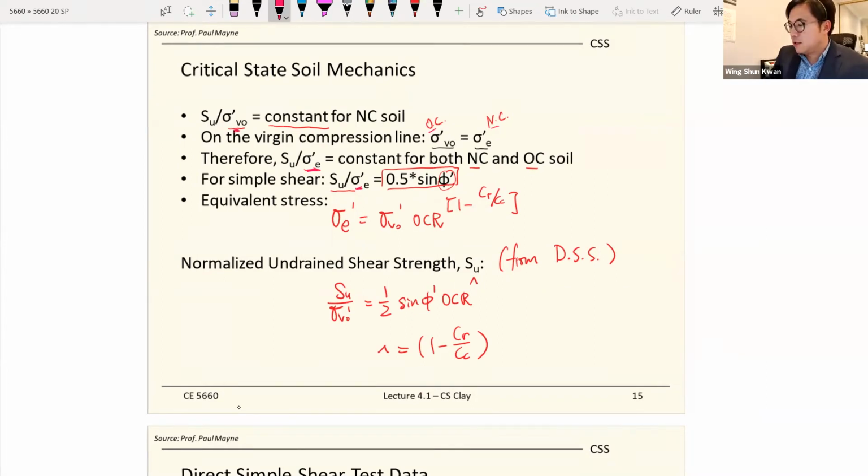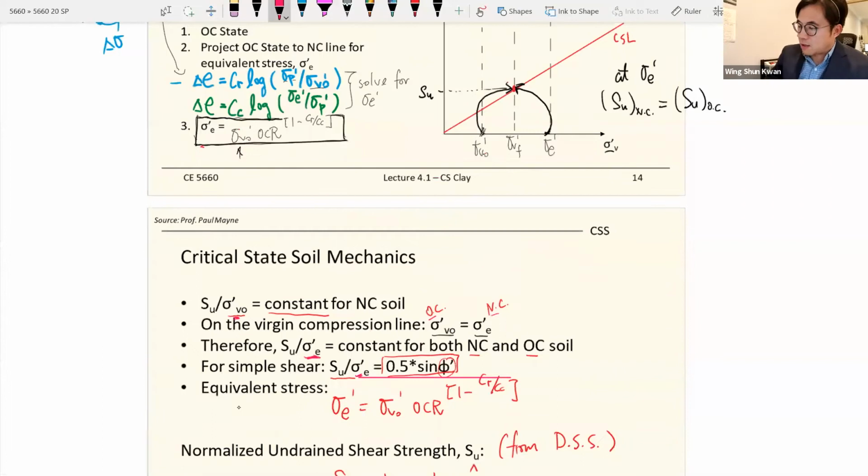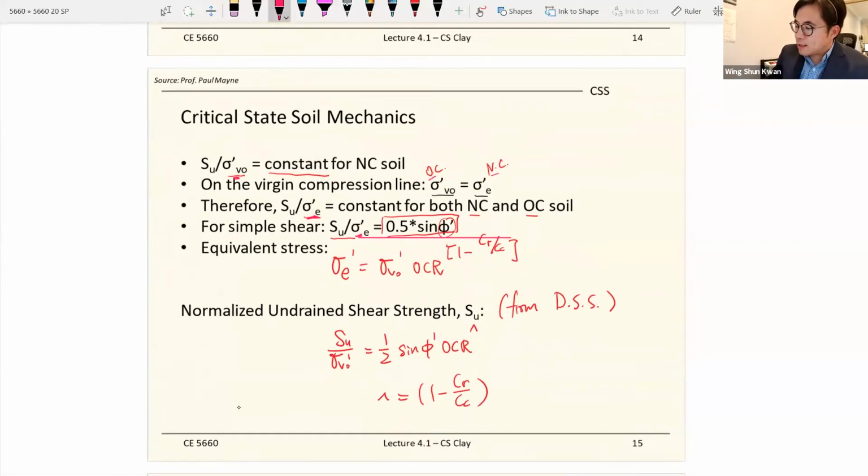Then, with this substitution, we can plug into the formula we got right there, and end up being able to solve these equations. So that's one of the uses of this equivalent stress.